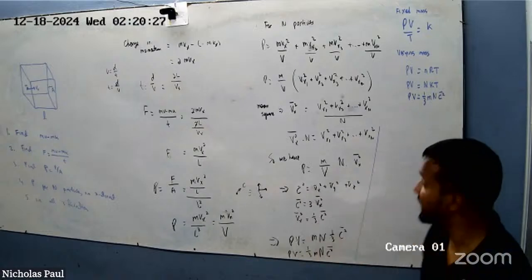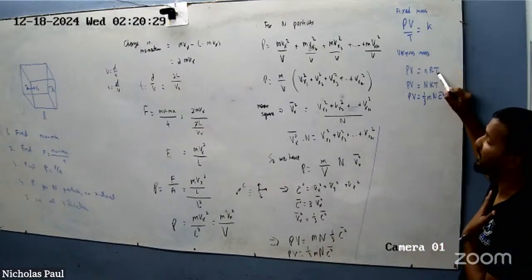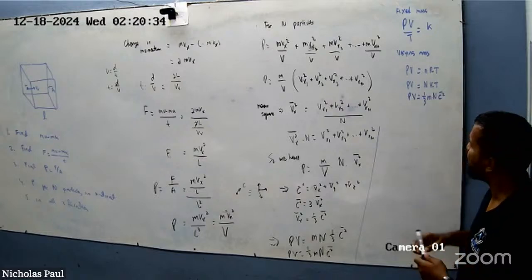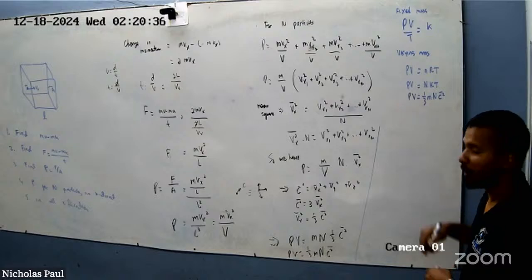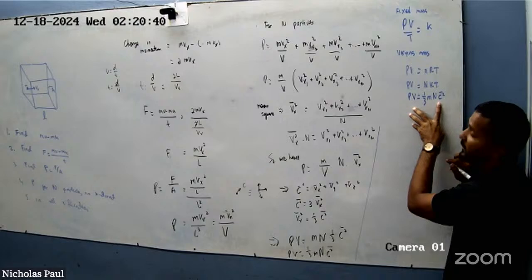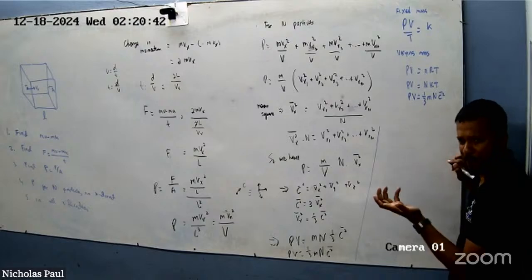You're seeing this here? PV is equal to this, PV is equal to this. Can I do anything here? PV is nRT, PV is 1/3 nmc squared. Can I make them equal to each other? Yeah.